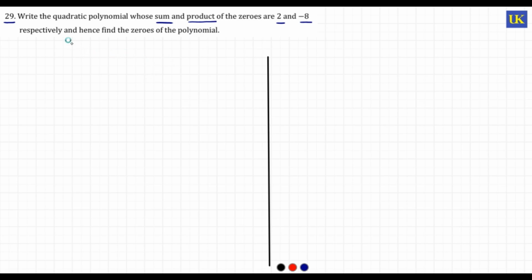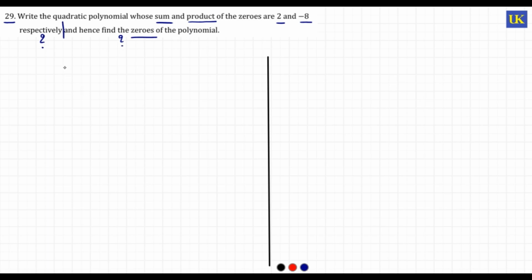And hence, until here they have asked one question, and there are two questions in fact. Then another question is, and hence find the zeros of the polynomial. So another thing to find is the zeros of the polynomial.